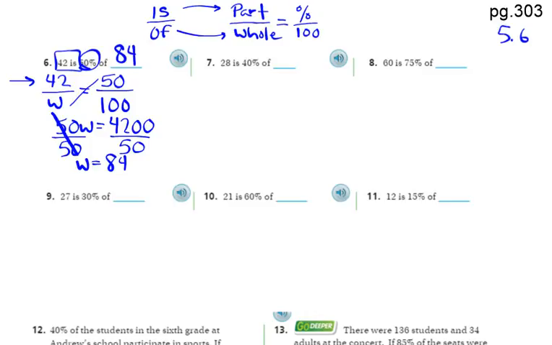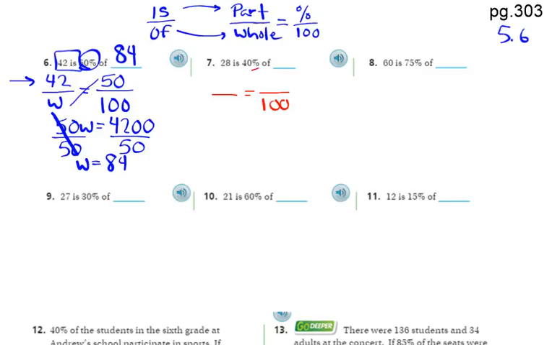All right, so let's move on to question 7 here. We're going to move through the exact same process. So I have 28 is 40% of some number. So I'm going to set bar equals bar for my equivalent ratios, or my proportion. And I notice I'm going to put my 100 in the bottom right hand corner. That's not changing, folks, so I always get it in the same spot.